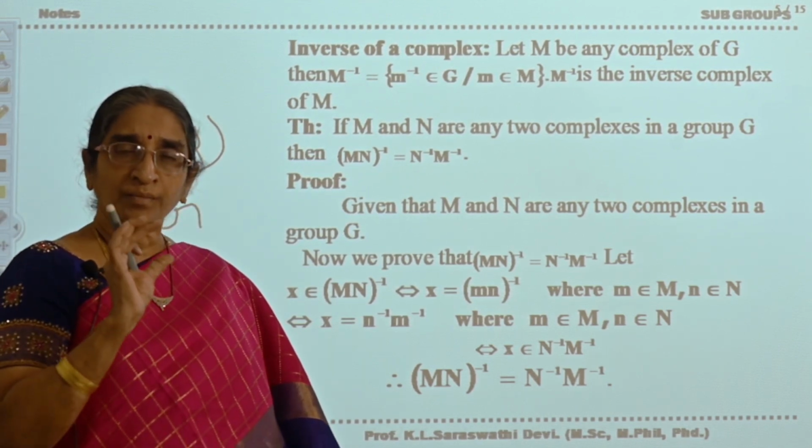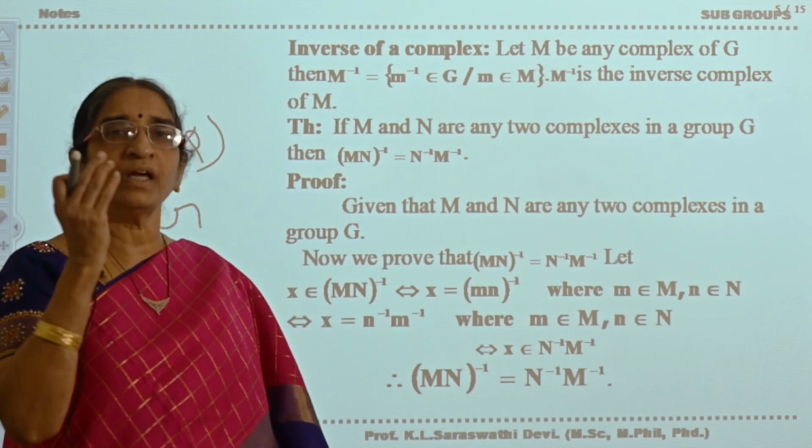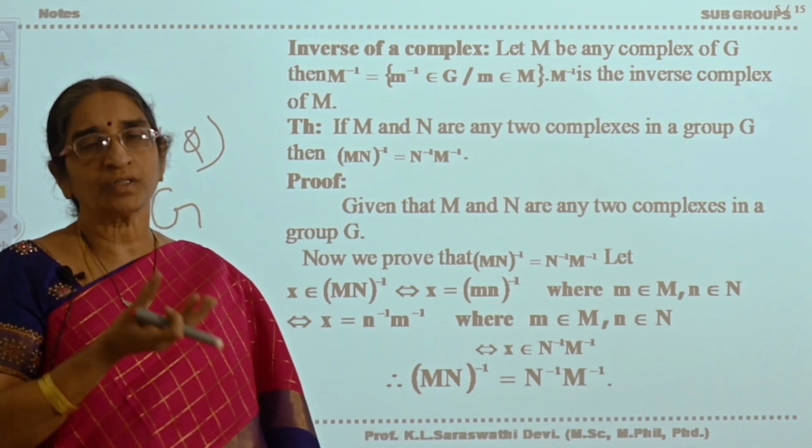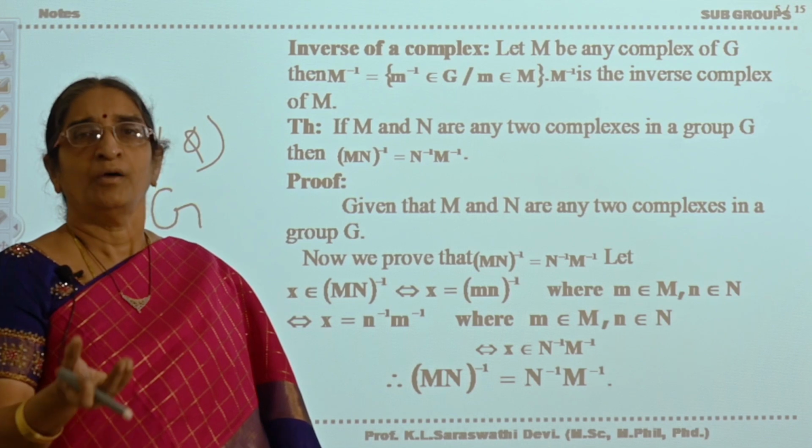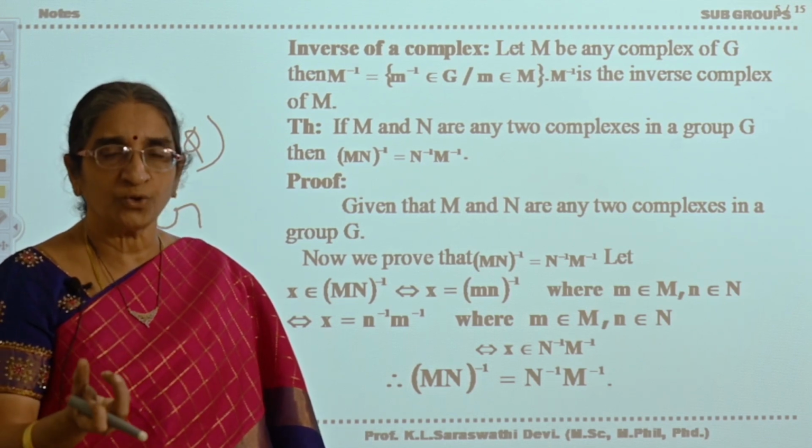Now, all the elements of M are the elements of G because M is a subset of G, is it? But what is G? G is a group.